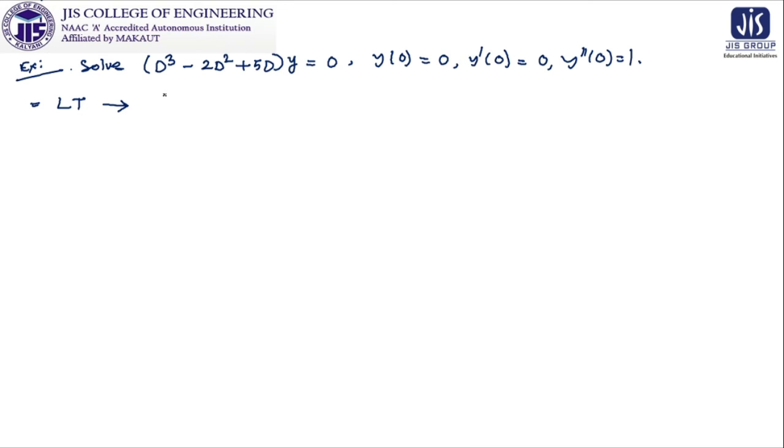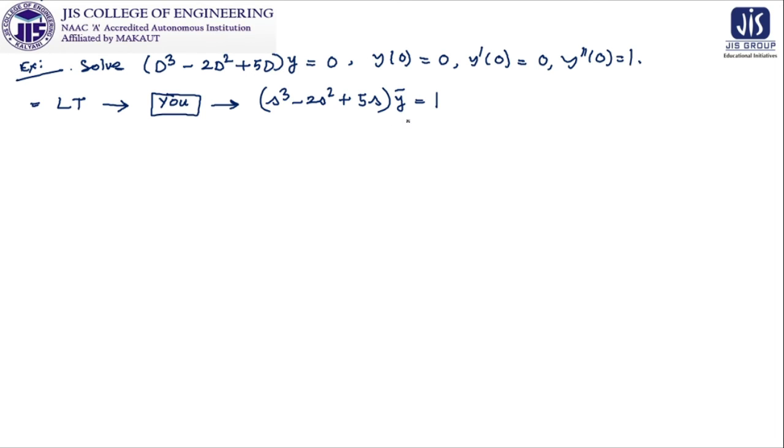So I am not doing it, I am keeping it for you. I just want to show the inverse Laplace part over this one. After simplifying, you will get s cubed minus 2s squared plus 5s on y bar is equal to 1.